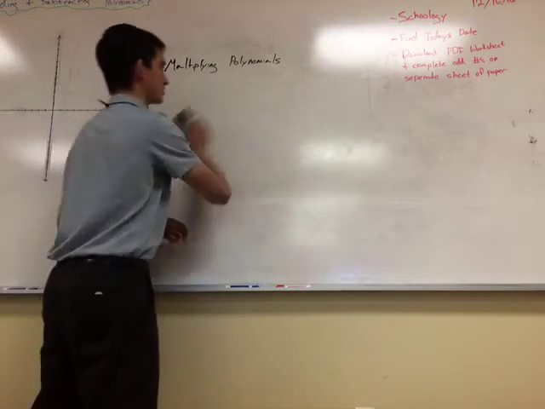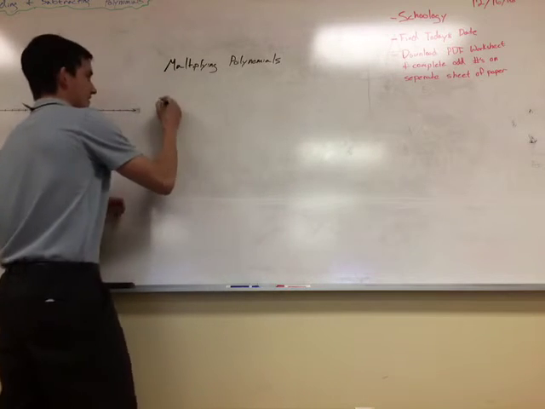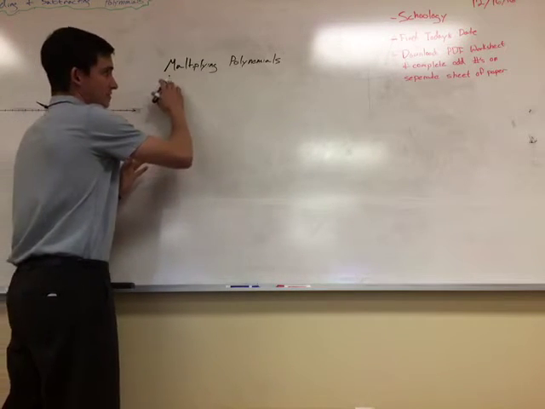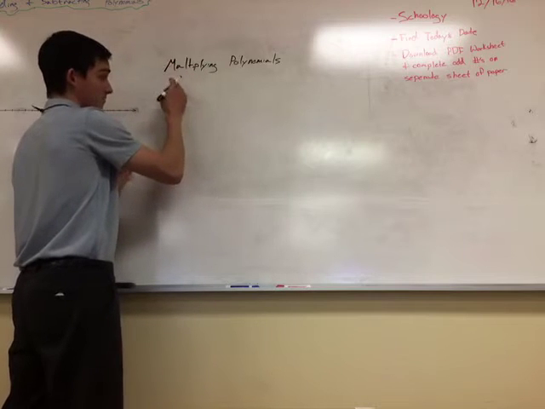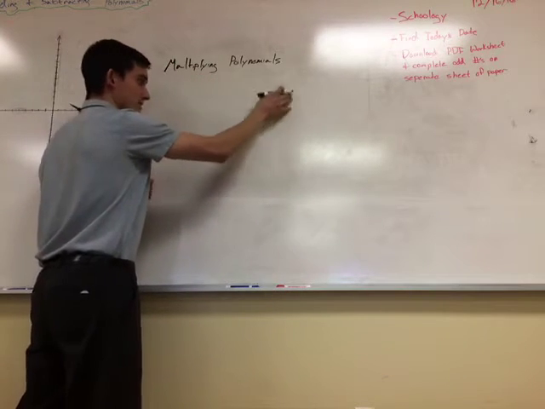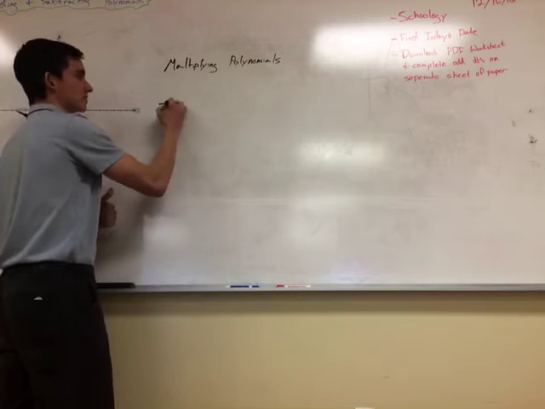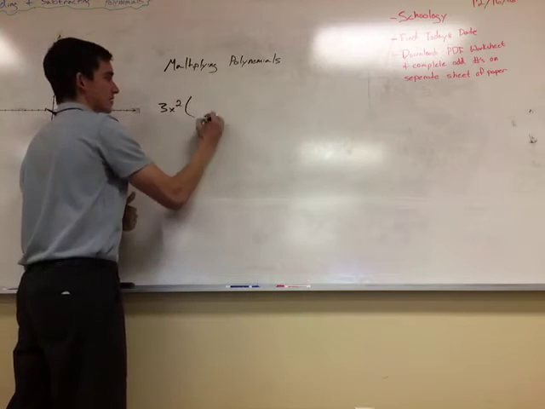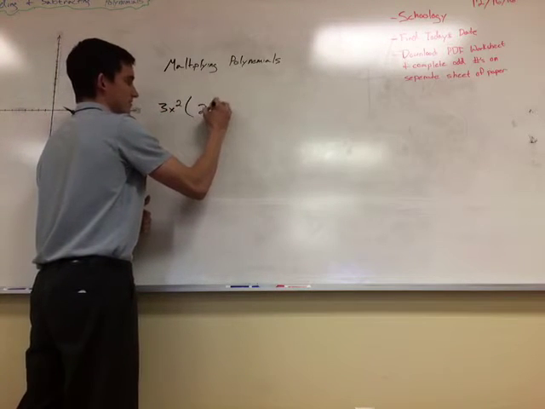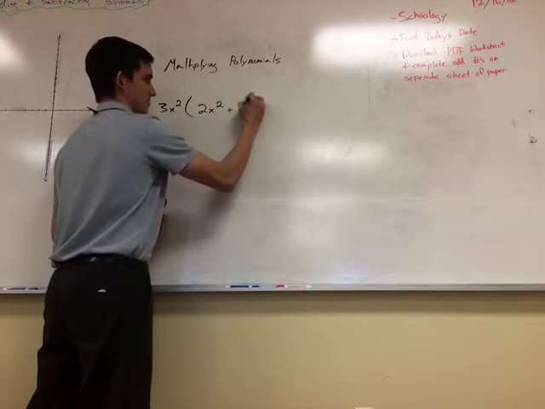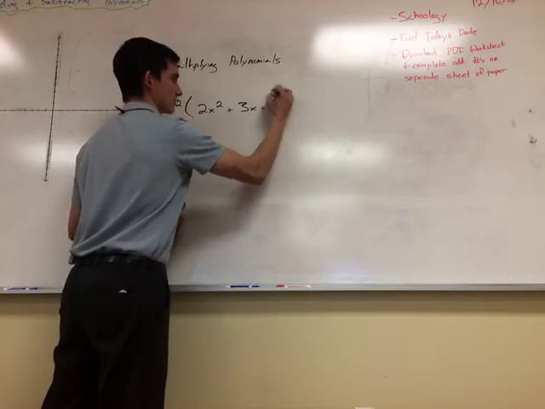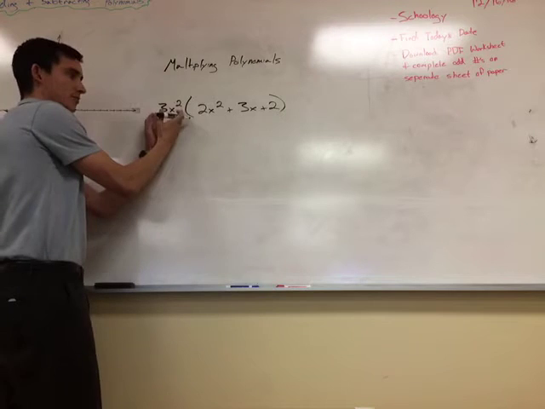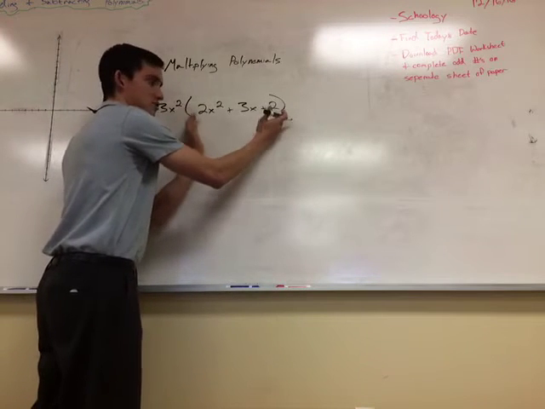So when multiplying polynomials, the first one is going to be multiplying a monomial with a polynomial. So let's say I have 3x squared on the outside multiplying by 2x squared plus 3x plus 2. Alright, so here's a monomial being multiplied by a trinomial.